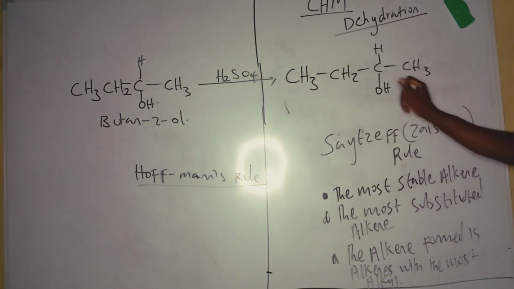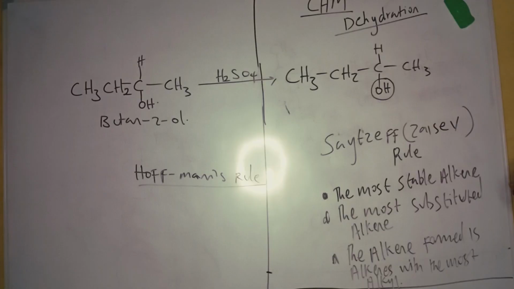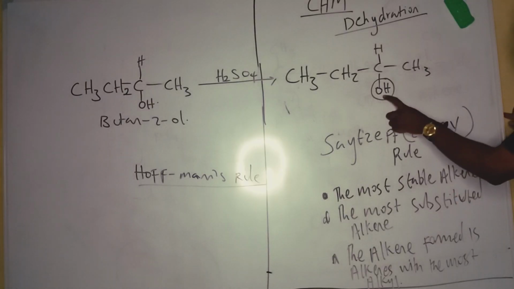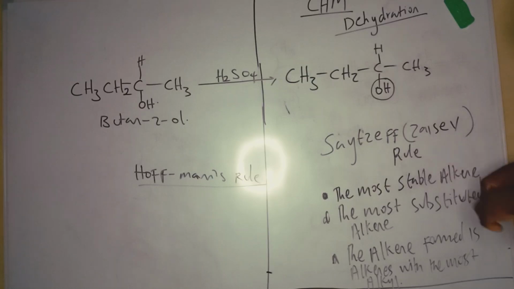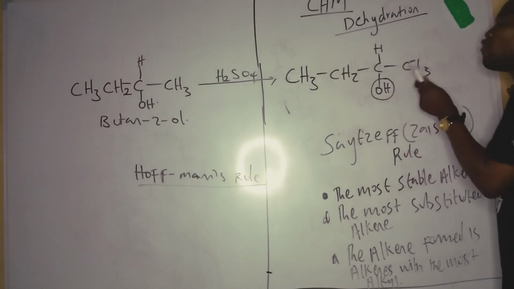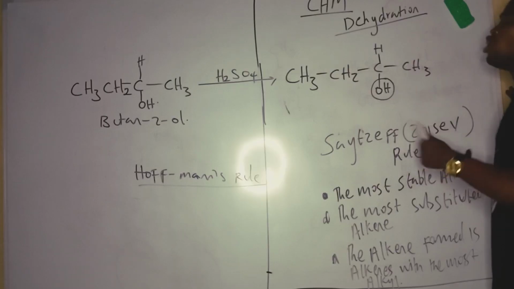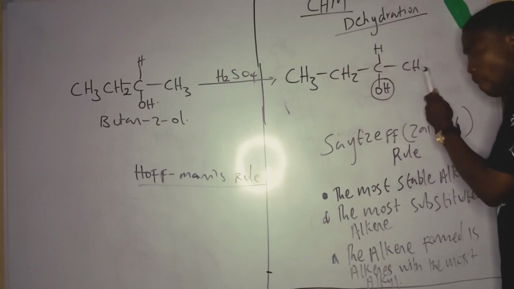What will be my products? Remember, I lose the OH, which is a base, though it's a bad leaving group; those are for the reaction mechanism proper. After eliminating the base, I generate a carbocation. The second step of the reaction is to remove hydrogen from neighboring carbons. So I either remove hydrogen from here or from here.